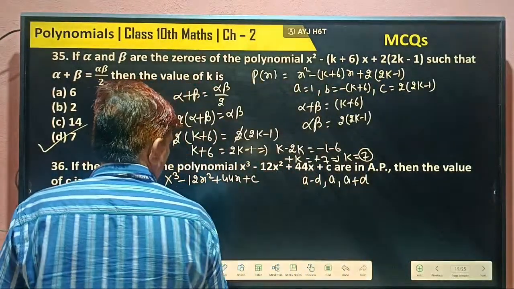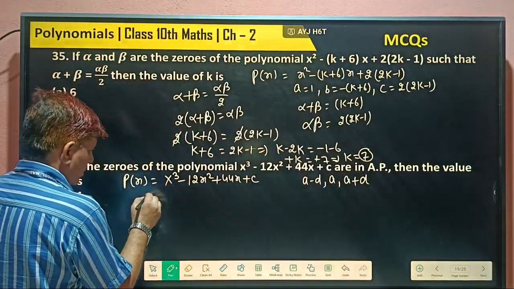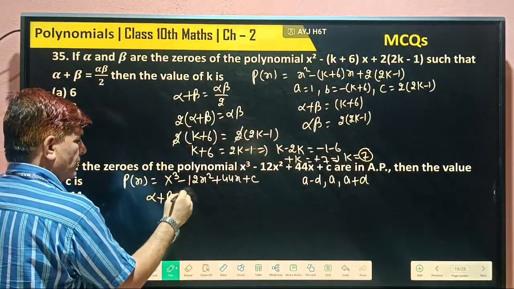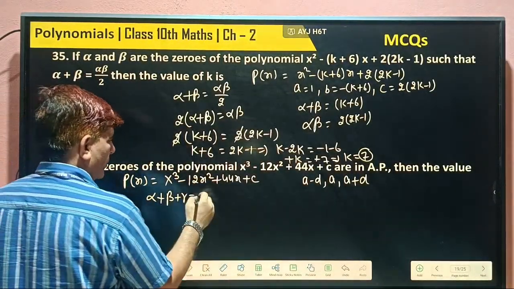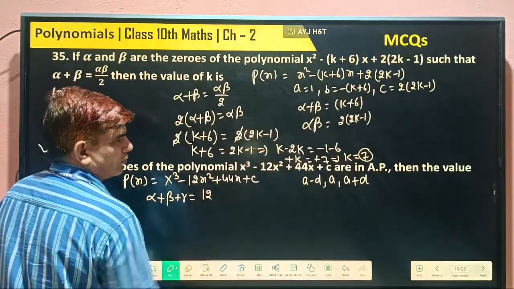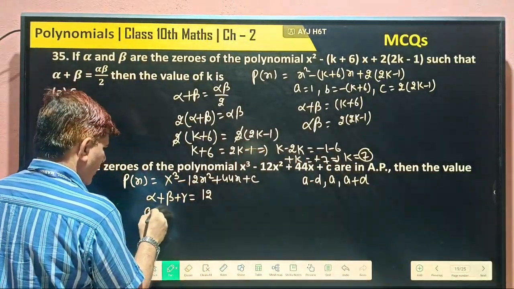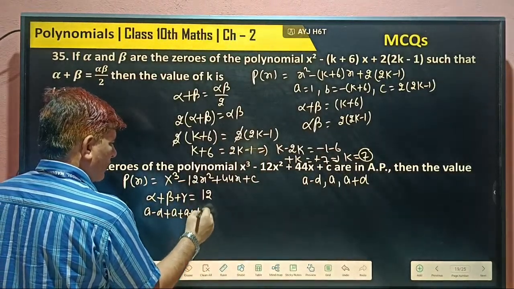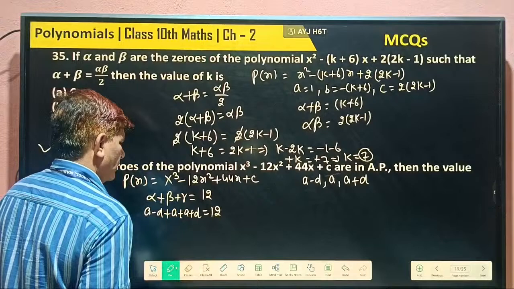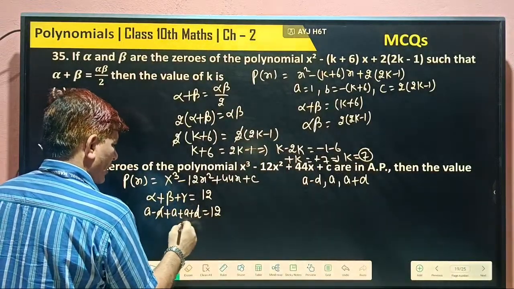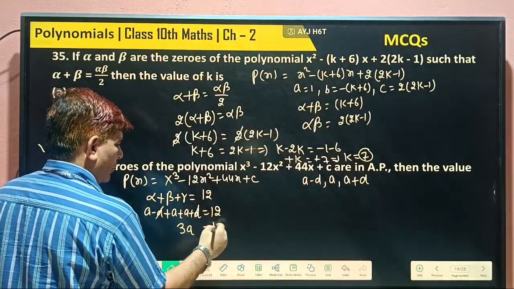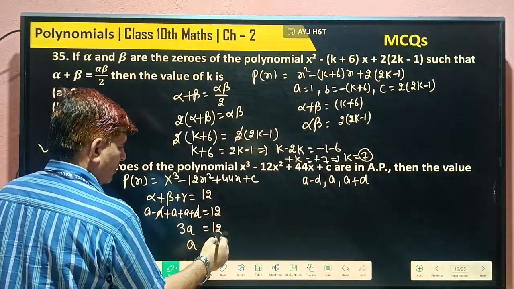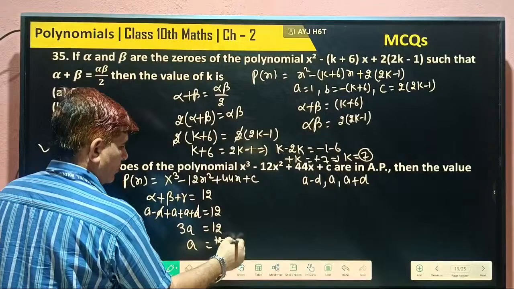So let alpha, beta and gamma be its zeros. Alpha plus beta plus gamma is equal to minus b by a, meaning 12. And what's its sum? a minus d plus a plus a plus d. This is 12, so the d's cancel. 3a equal to 12. So what's a? a equal to 12 by 3, how much? 4.